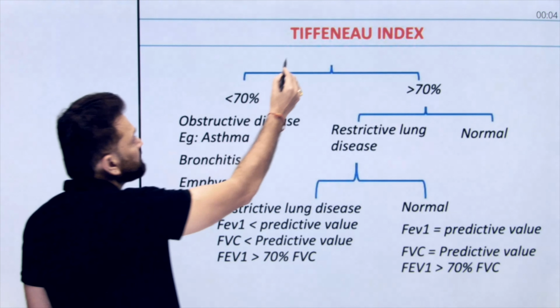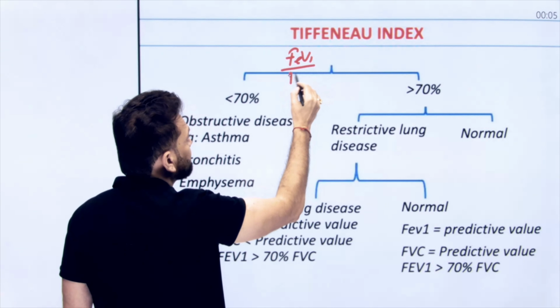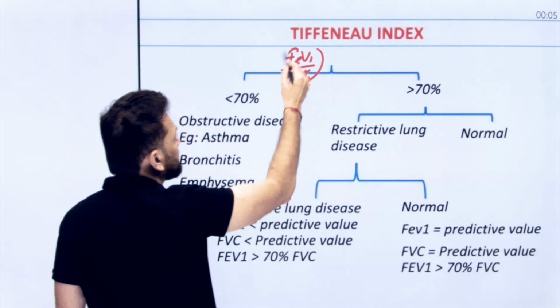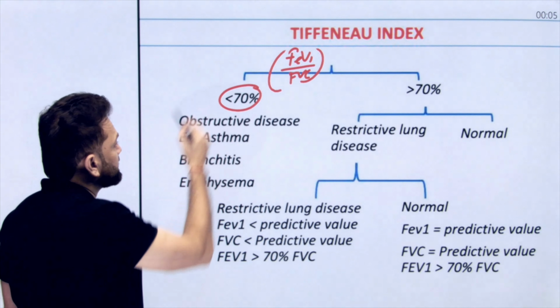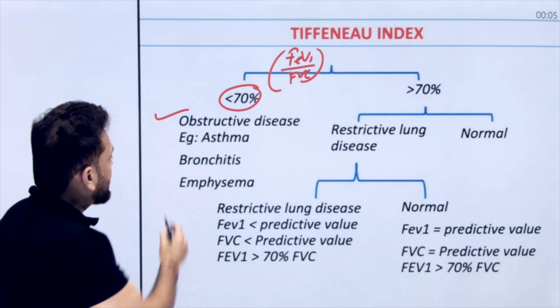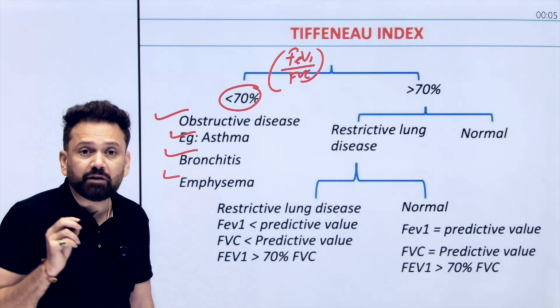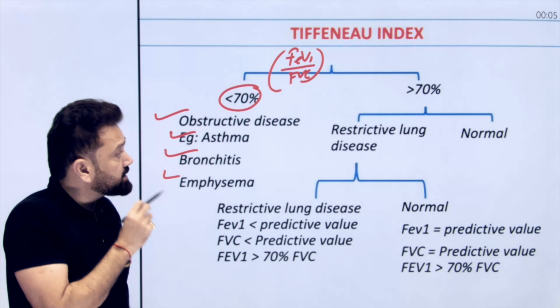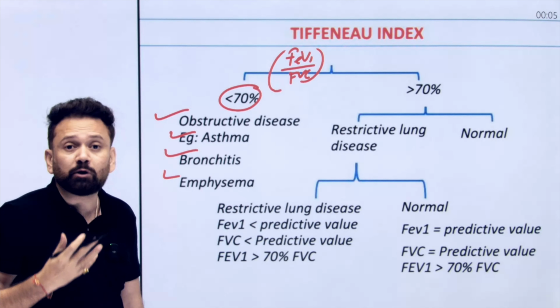So FEV1 by FVC is called the Tiffeneau index. If it is less than 70%, it is definitely obstructive lung disease, like asthma, bronchitis, emphysema. So when FEV1 by FVC is lesser than 70%, chances are that the patient has obstructive lung disease.